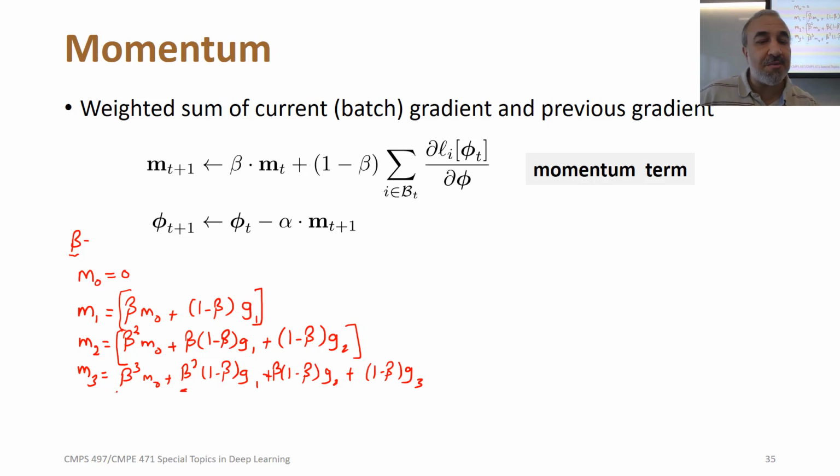The oldest one is multiplied by beta cube, the more recent one by beta square times 1 minus beta, and then beta times 1 minus beta. So every time we multiply the history by beta and the present by 1 minus beta. The very old one will be multiplied multiple times, so its weight will get smaller and smaller. That means that we favor, of course, the gradients of the recent batches.